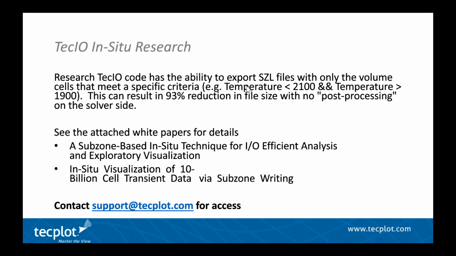You could make an additional function call to tell TecIO to only write the cells that are within 1900 to 2100 degrees. In our experimentation, we've seen that this technique can result in up to about a 93% reduction in file size with no actual post-processing being done on the solver side. All we're doing is filtering the cells that get written to the data file.